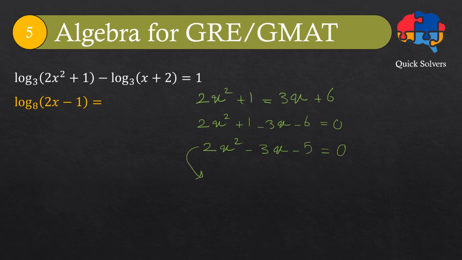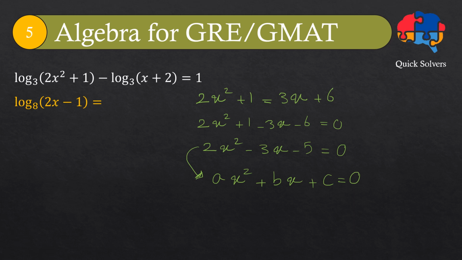And this is actually in the form of a quadratic equation, which is ax squared plus bx plus c equals 0. Here there are two possible answers for x, which are the roots of this quadratic equation.